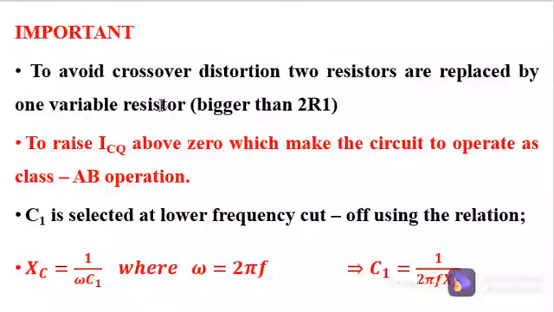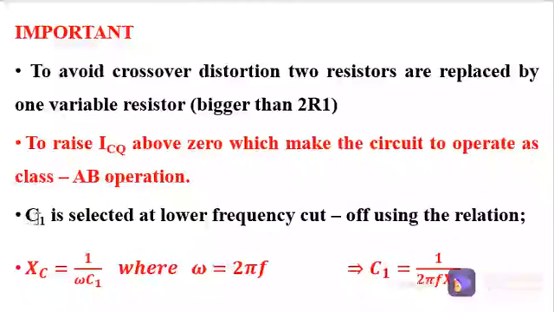You can either increase the value or reduce it by turning. And the value of this variable resistor must be bigger than 2 times R1. That resistor is used for raising the collector current above 0, and if you do that, it will make the circuit operate as class B operation.